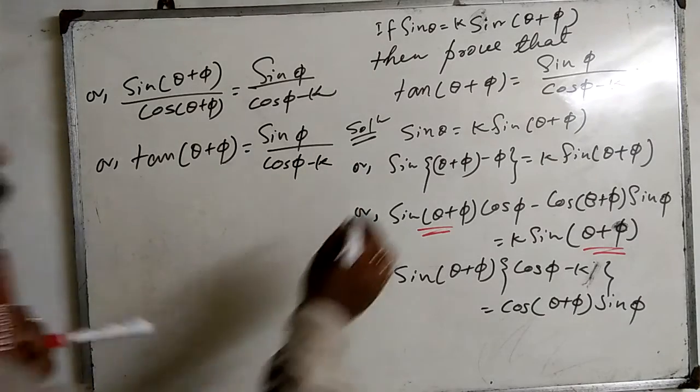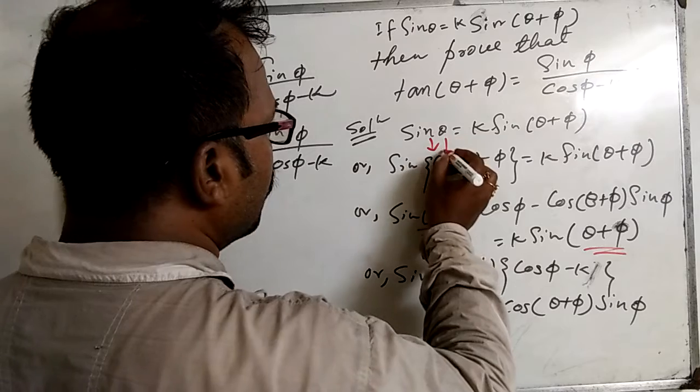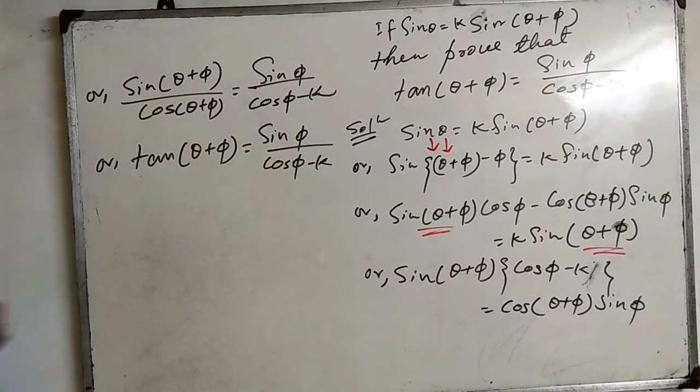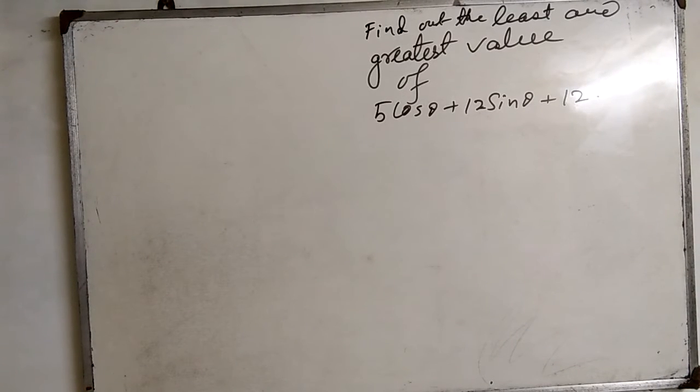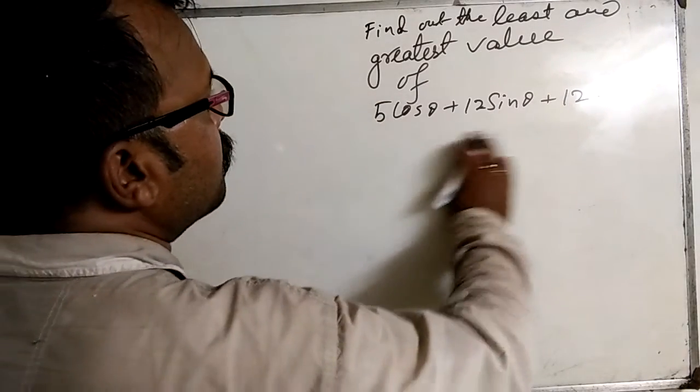So here the most important part is that, yeah, a very easy and interesting problem. We go to the next problem now. This is the very and most conceptual problem now. Find out the least and the greatest value of that.